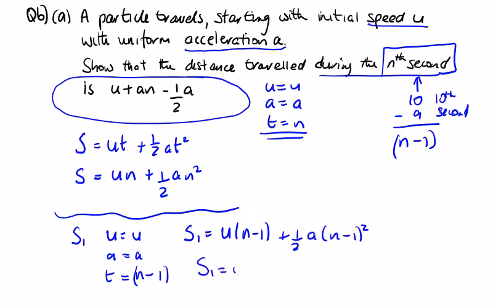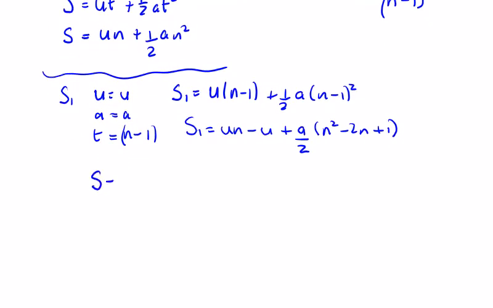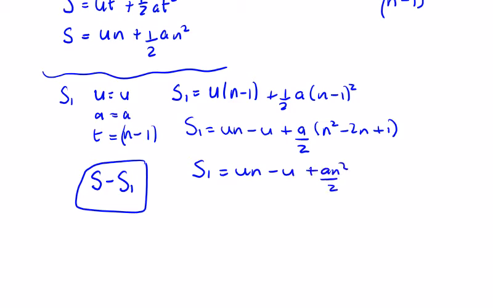So this distance becomes un minus u plus a over 2 times n squared minus 2n plus 1. So to get this distance traveling just this 1 second alone, it's going to have to be s minus s1 in this case. So let's just multiply s1 out: un minus u plus an squared over 2 minus 2an over 2, so they cancel, minus an, and plus a over 2.